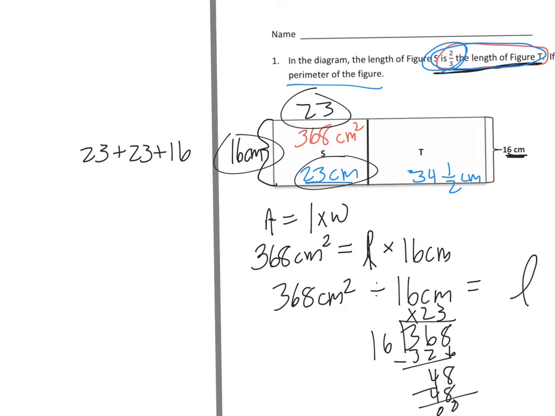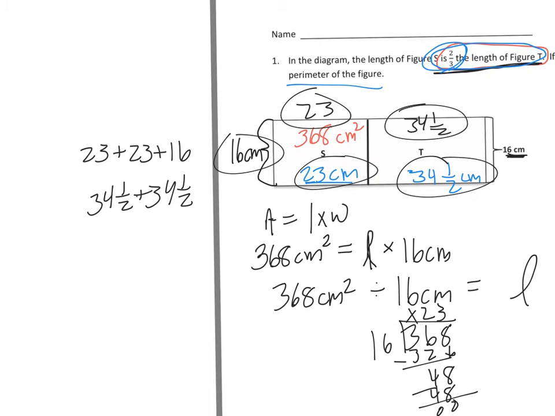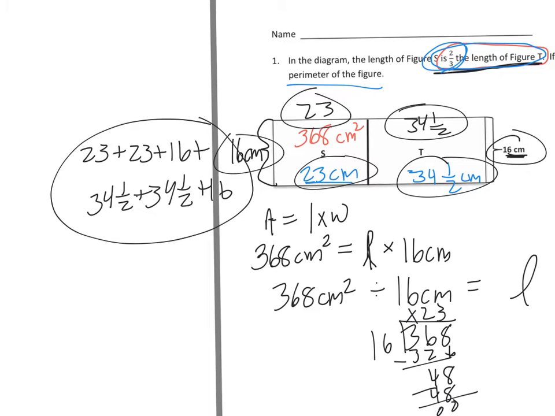And I also have to add in 34.5 plus 34.5, because I have this one and then this side, which is 34.5. And then I have the 16 there. So I'm going to add all of this up. So 23 plus 23 plus 16 plus 34.5 plus 34.5 plus 16.